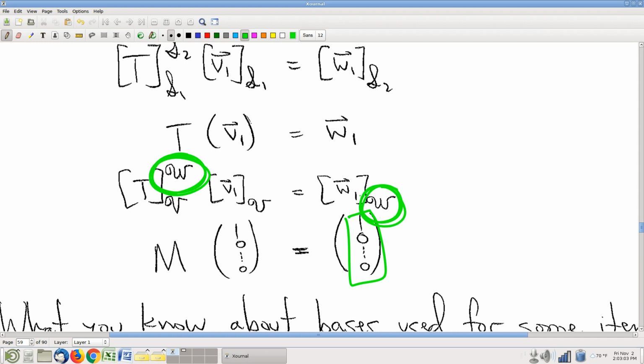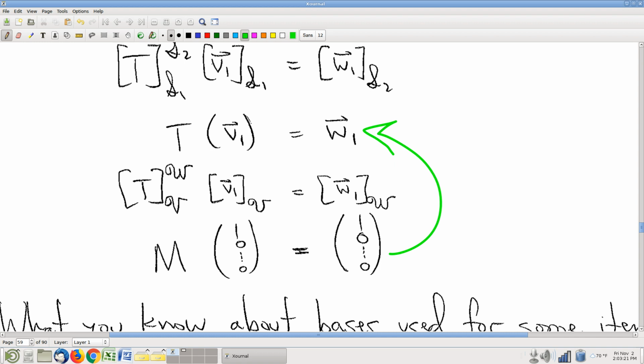Well, it's the 1, 0, 0, 0, etc. linear combination of the W vectors. And again, multiply that out and you get W1. So, not hard to see how you can interpret from there to there, right?